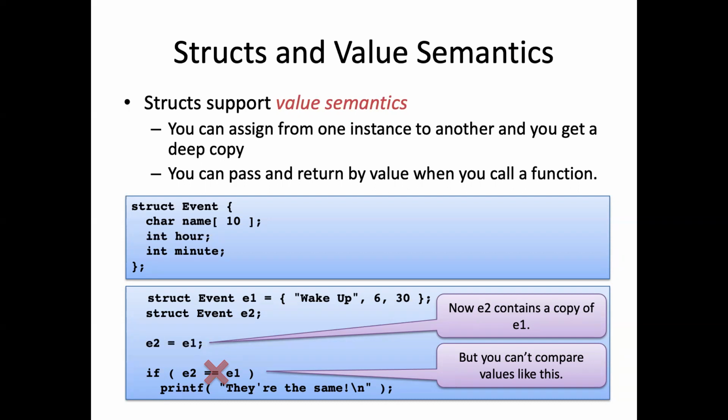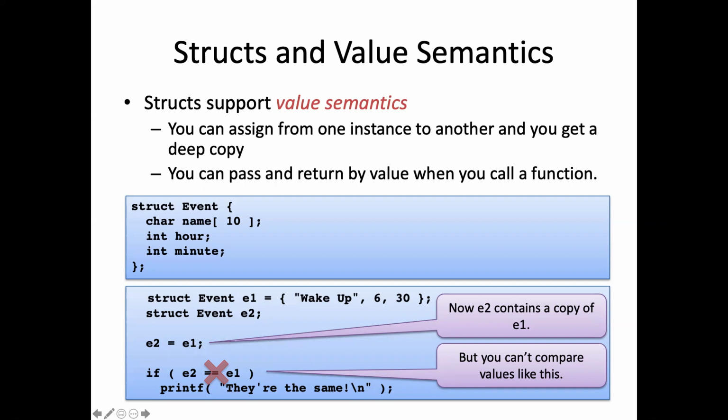And that's what I'm showing off here. I define a struct up at the top. It's got a name field. It represents an event. So maybe the event has a name and maybe a starting time expressed in hours and minutes. There I make an event E1. I use initialization to fill it in with a couple of fields. And then I make another event E2, but I don't initialize it. But because structs support value semantics, I can do this assignment.